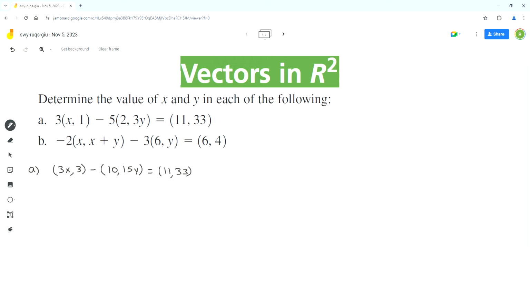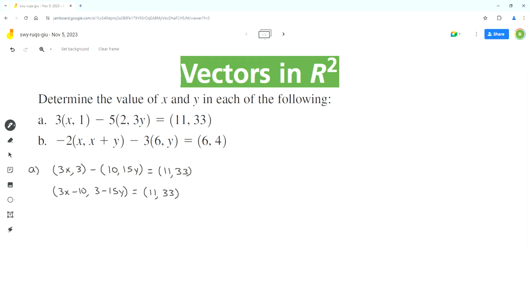Now we can subtract the vectors on the left side, and for that we should subtract the x component and the y component. Now these two vectors are equal to each other if their x components are equal and their y components are equal.